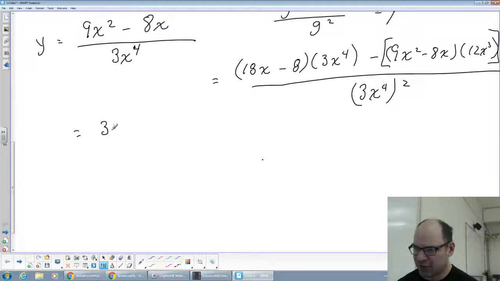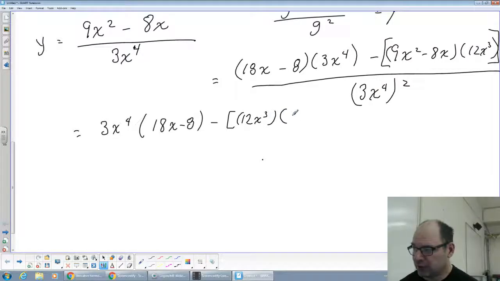So I'm going to put the 3x to the third out front here. I'm going to put 12 minus 12x cubed out front.